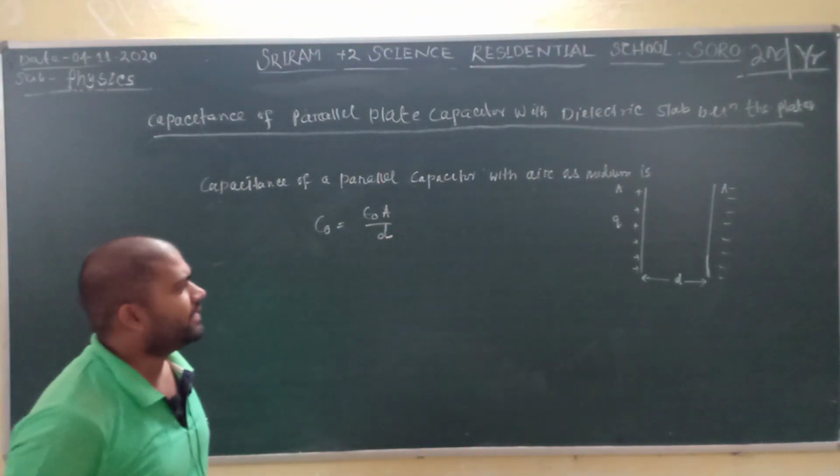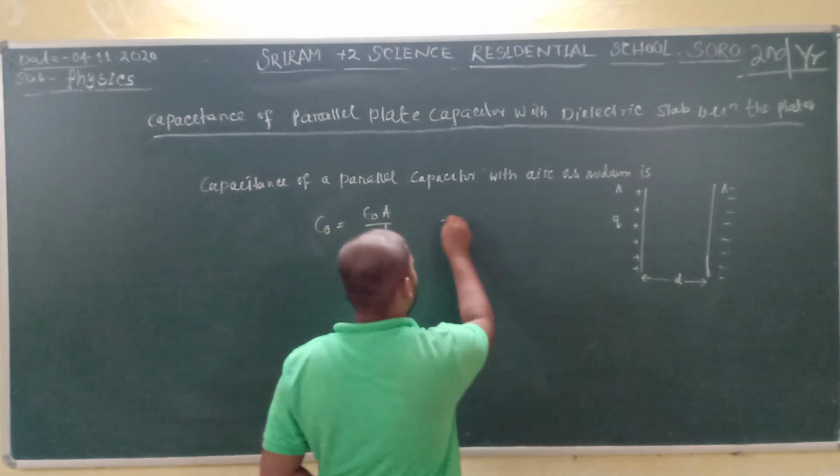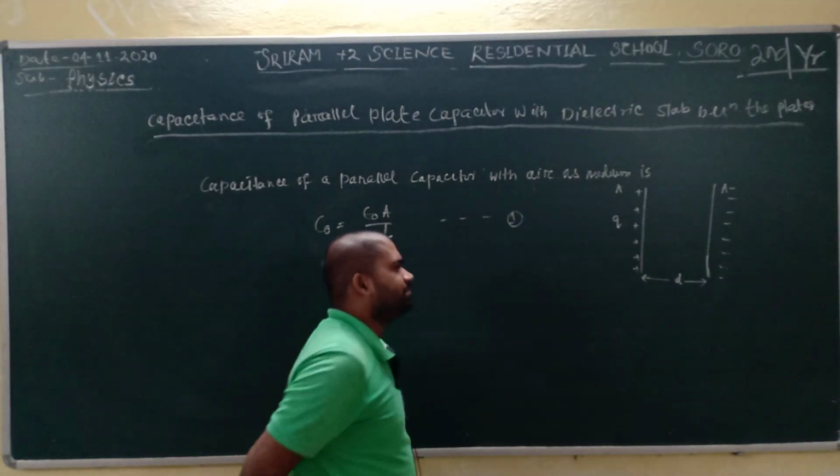A is the area of the plate and d is the distance of separation between them. Let us call it equation 1.